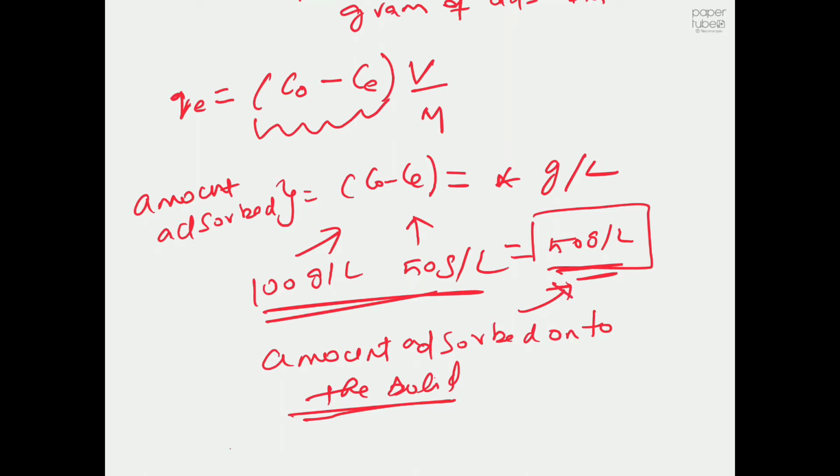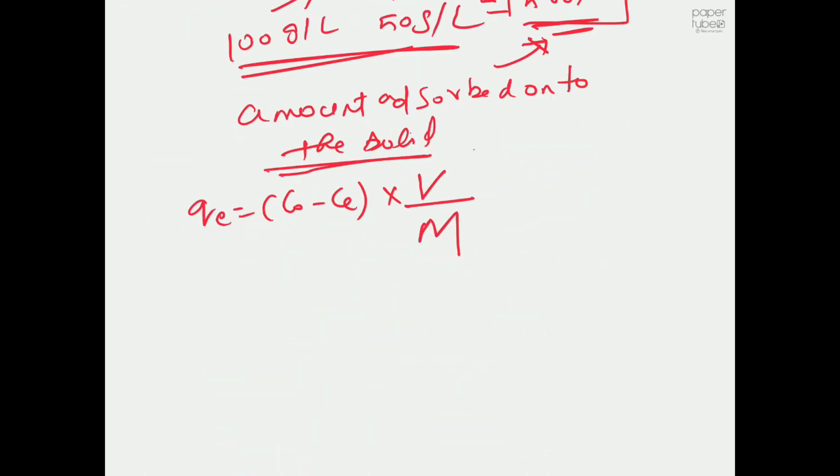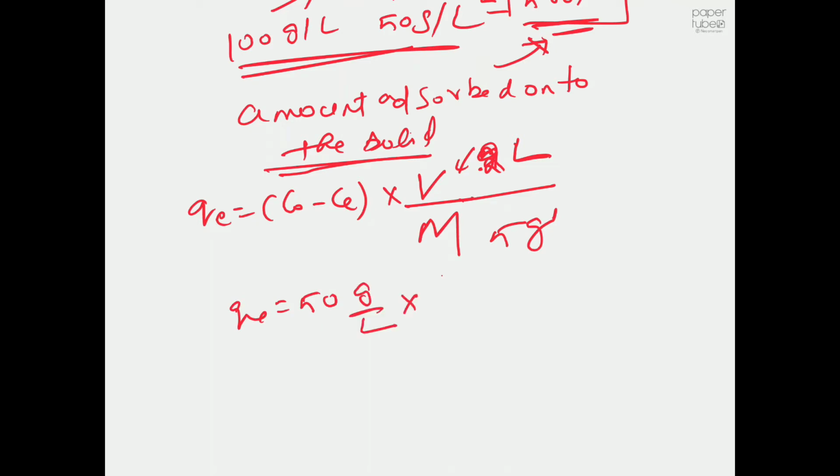So we did this C0 minus CE multiplied by V by M. Say if we performed this experiment in 2 liters, and the mass we used was 5 grams, the QE value will be 50 grams per liter multiplied by 2 liters divided by 5 grams. The liters get cancelled. So it will be 50 multiplied by 2, that is 100 grams. Oh sorry, you have 5 grams here, so 100 divided by 5.